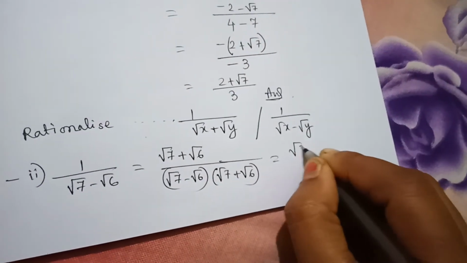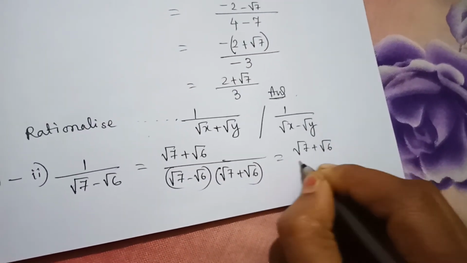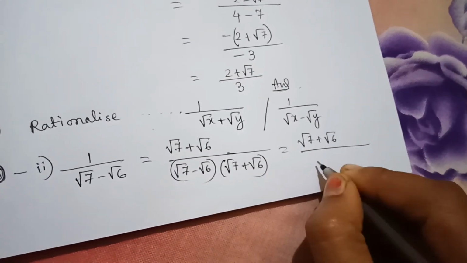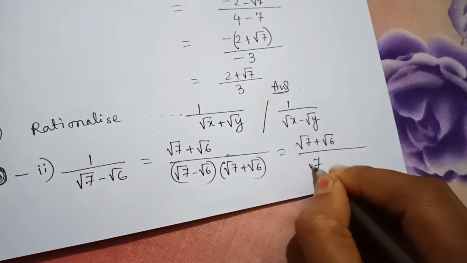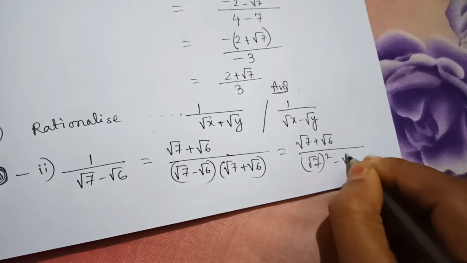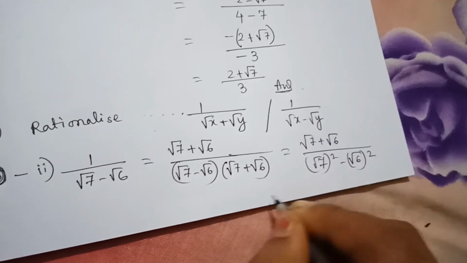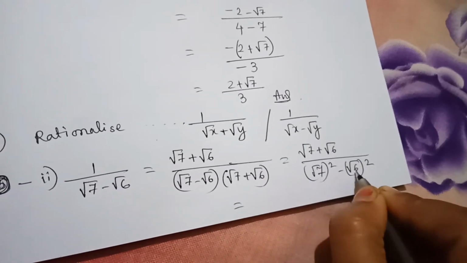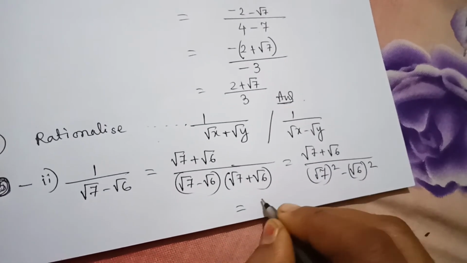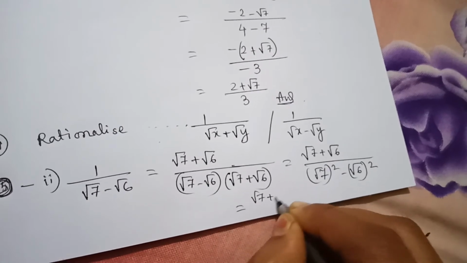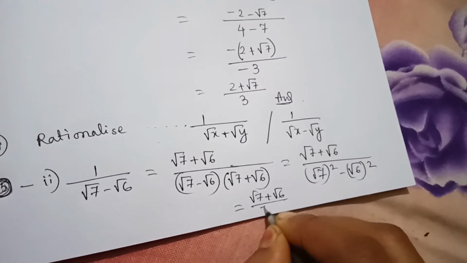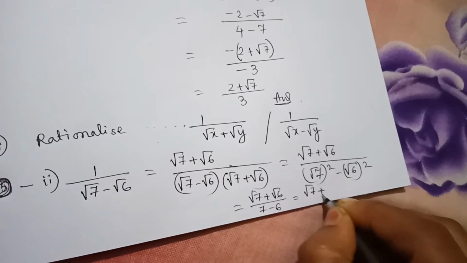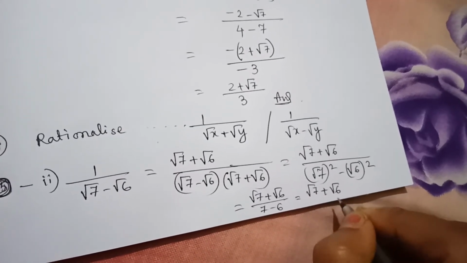What we are getting: root 7 plus root 6 in the numerator, and the denominator is root 7 square, that means 7, and root 6 square, which is 6. So it's root 7 plus root 6 divided by 7 minus 6, which is root 7 plus root 6 divided by 1.